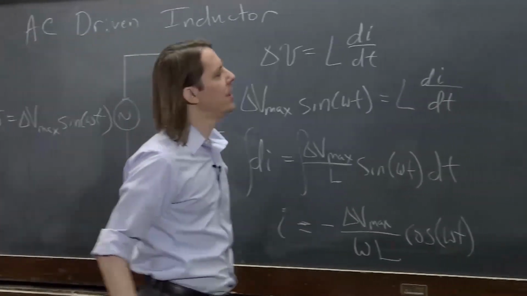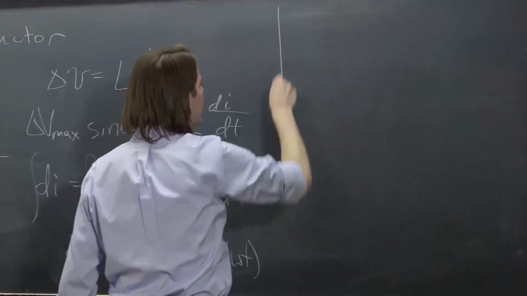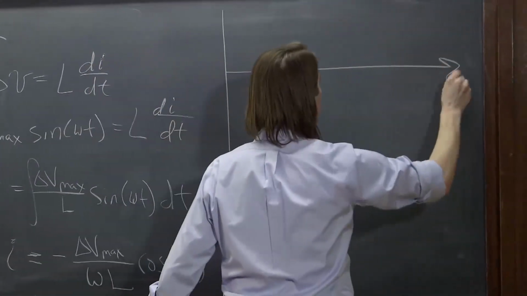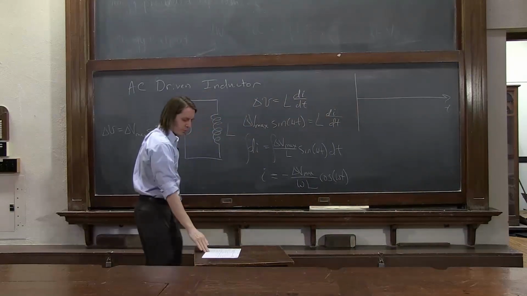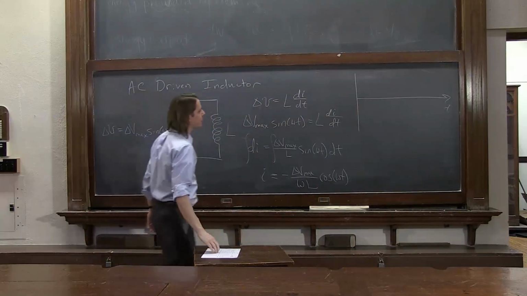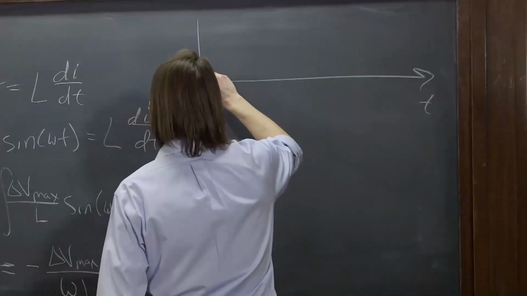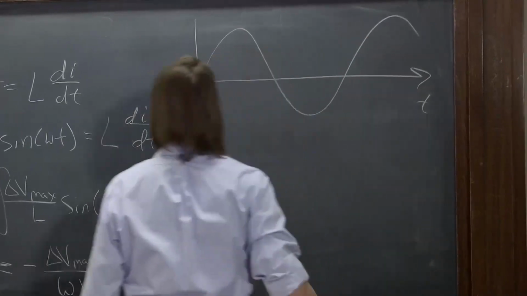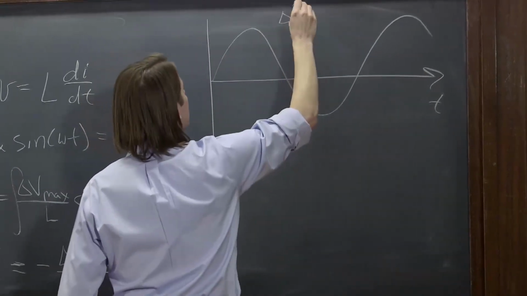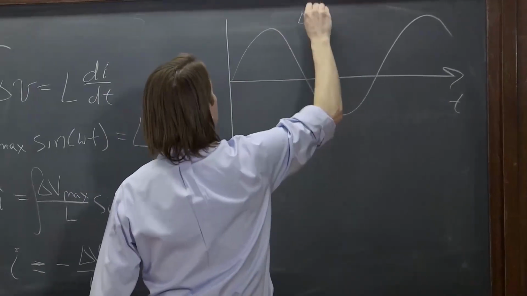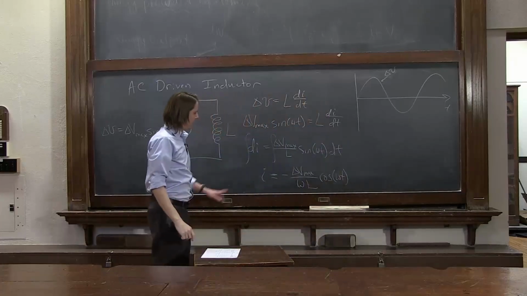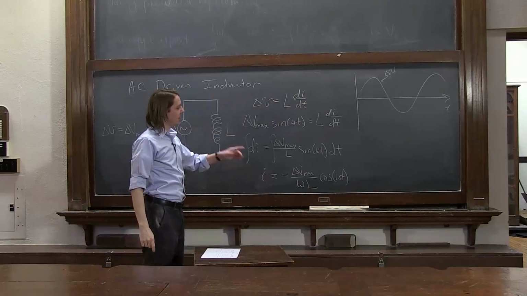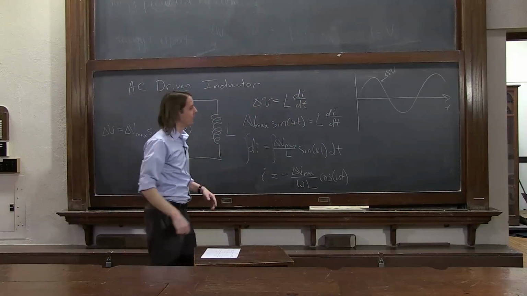So let's now look at our plot of the delta V you applied and the current response in time. So the delta V you applied is a sine like that. And this time, the current is 90 degrees out of phase again, but it's a negative cosine.